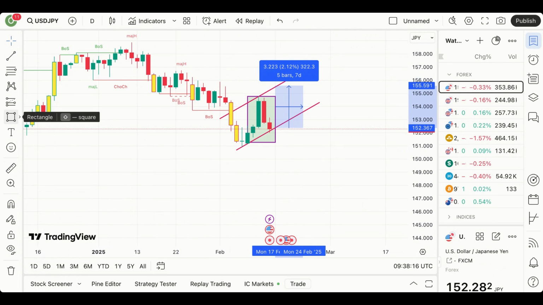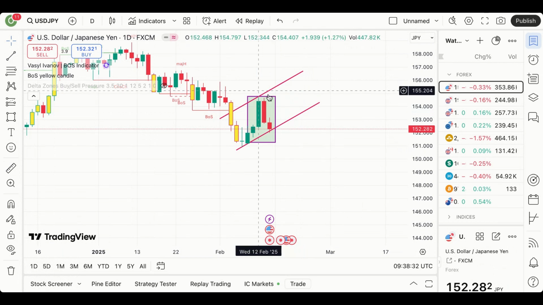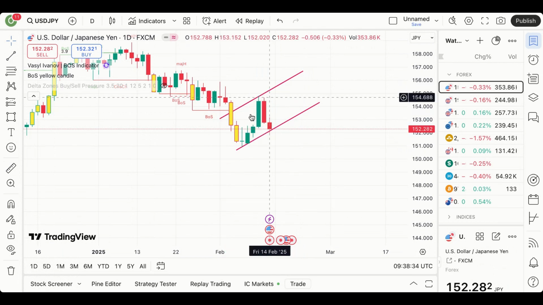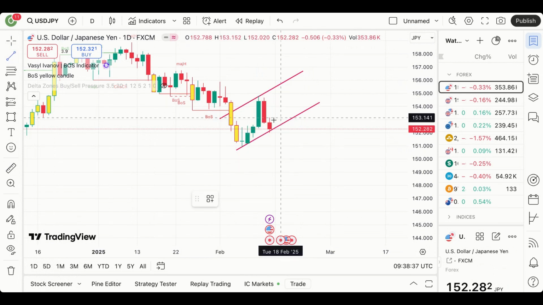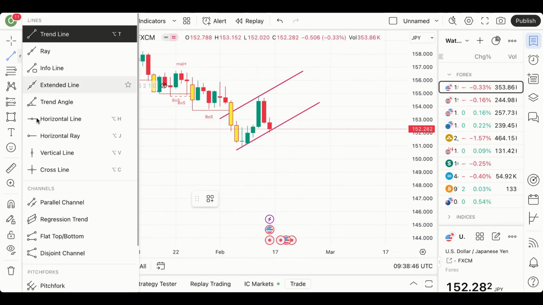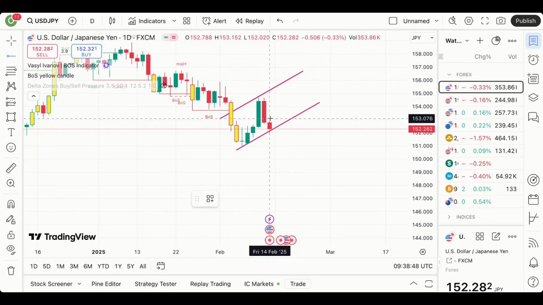But how do we enter our trade for next week? Now, this is a daily candle. So the first thing I would do is remove these two boxes and put, let me take this, change it to something that we can see clearly.